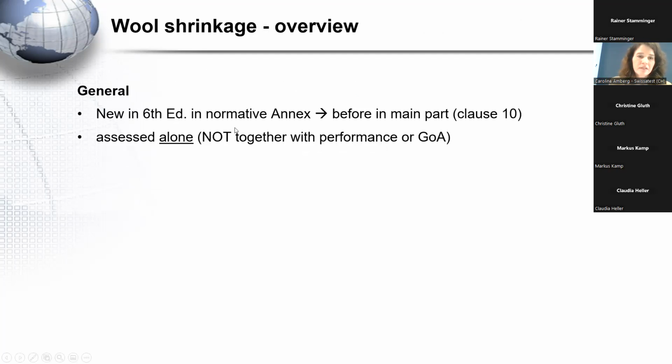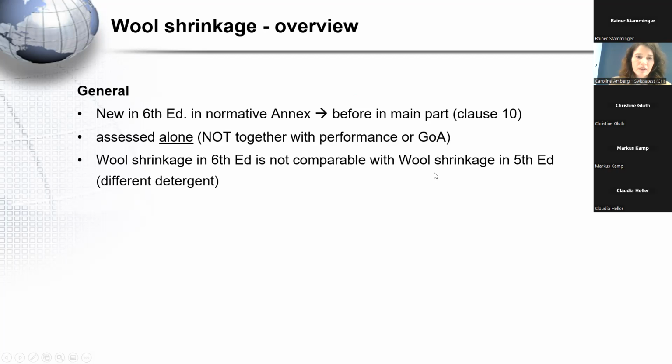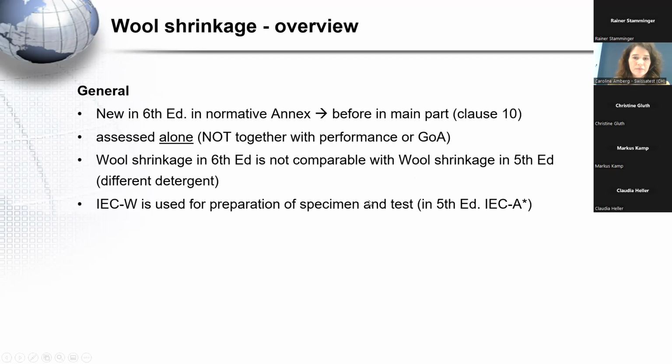So it is assessed alone and not together with performance or with gentleness of action. And it's not comparable with the old wool shrinkage performance, because a different detergent is used. So we use this ICW for preparation of the specimens and the test itself.